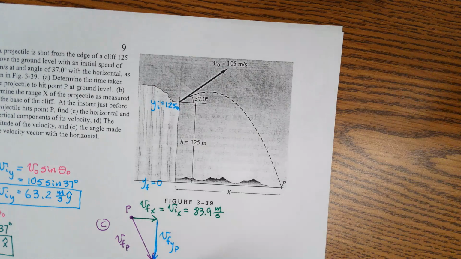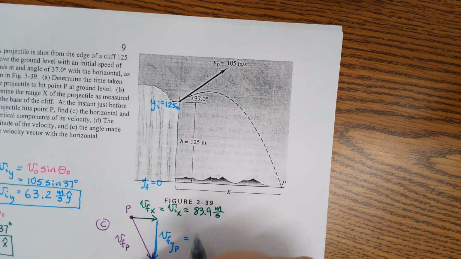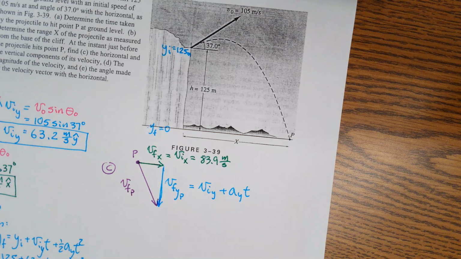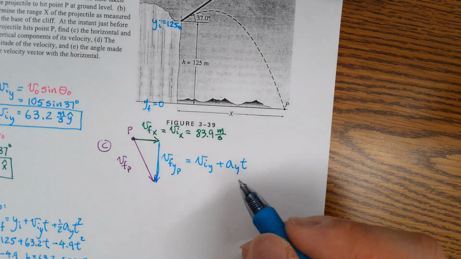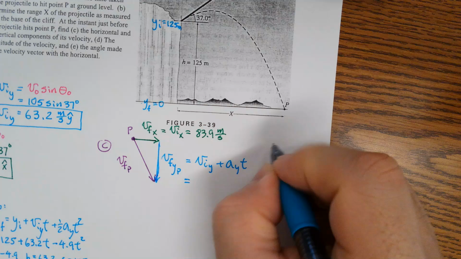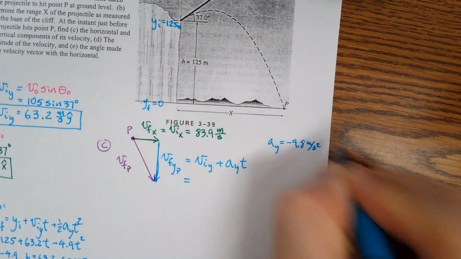However, my VFY will change depending on what time it is because it depends on gravity as well. So VIY plus a sub y t is how we calculate the VFY at point P. We know the time at point P, which is 14.64. We know a sub y is negative 9.8 meters per second squared.